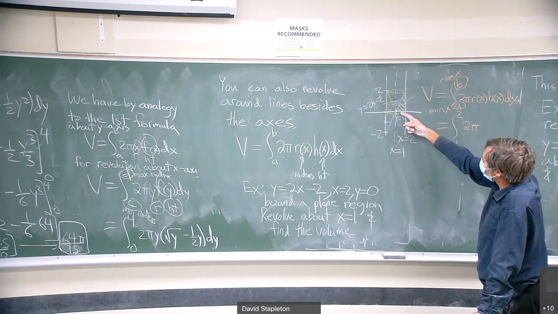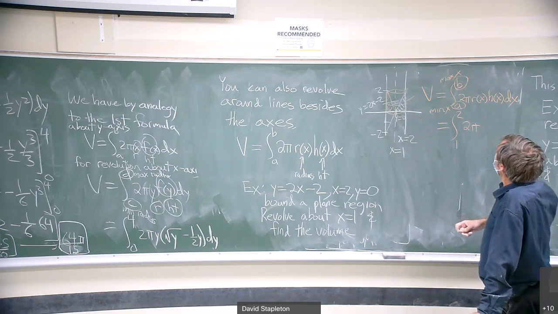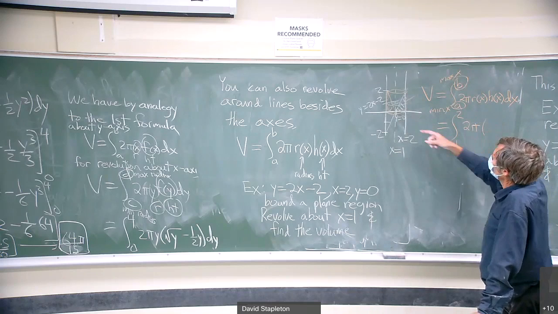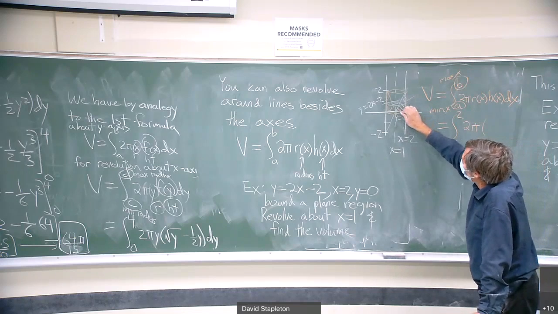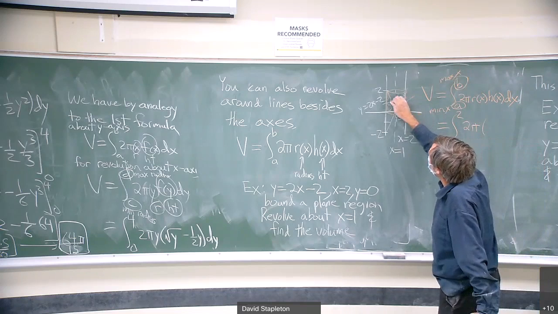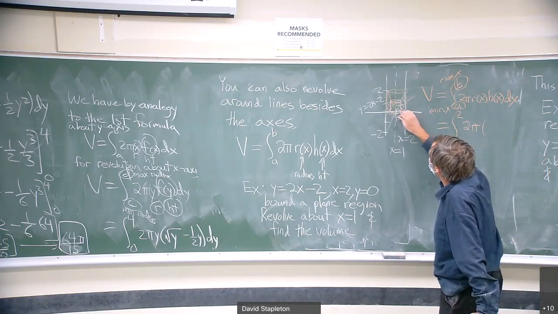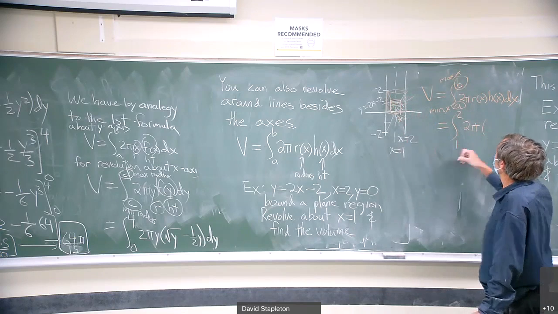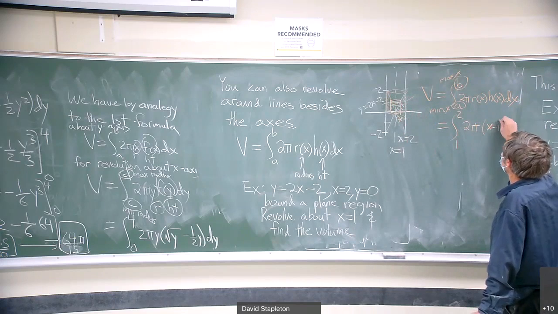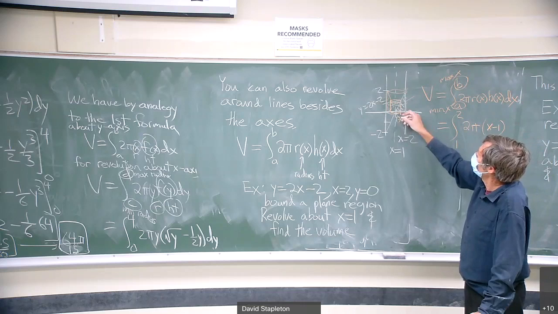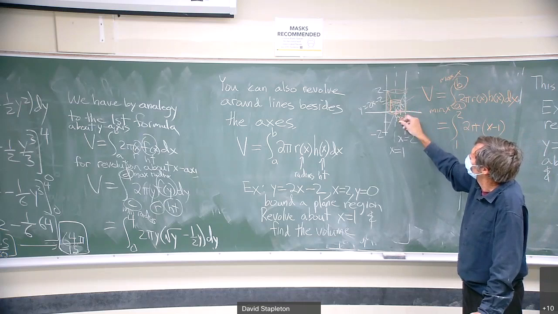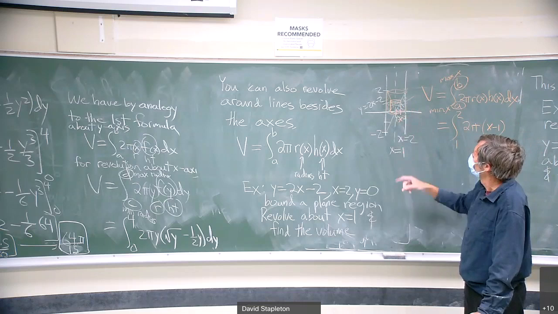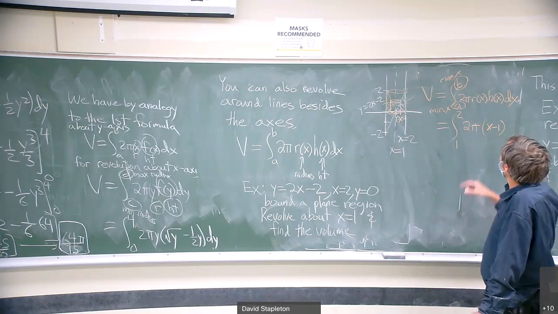The radius is, if I draw the typical cylinder in here, at x, and I say, what's its radius? Oh, it's x minus 1. If I'm at x, the radius of the cylinder is x minus 1. Distance here from x back to 1.